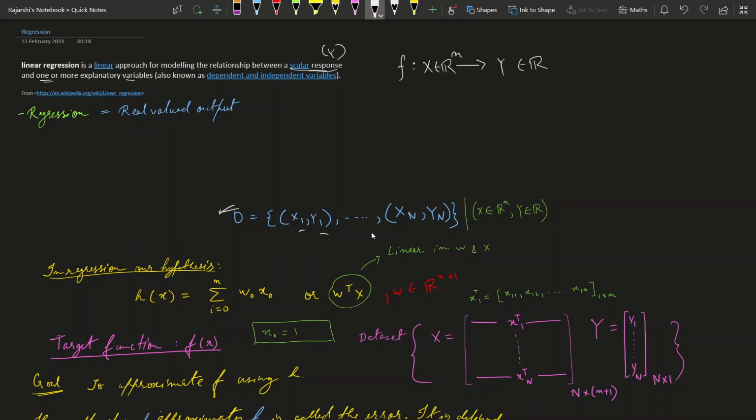So we assume that there exists a function that correctly explains the relationship between x and y's of the dataset. And we don't know the function yet. We have no clue what that function is. So our goal is to figure out what that function is.